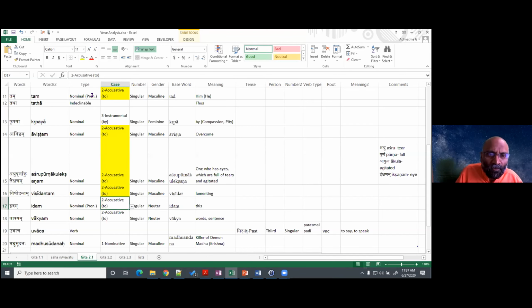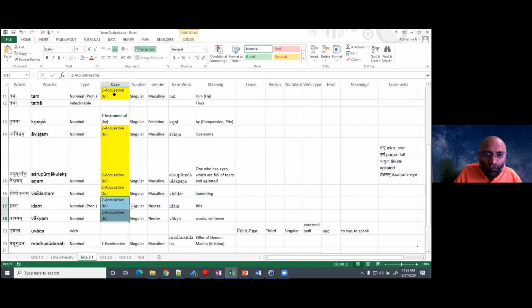And then the other accusative case, I'll also mark in yellow. So he spoke idam vakyam, this word, this sentence, or in English translation, these words. He spoke these words. Which words, that will follow in the next verse.